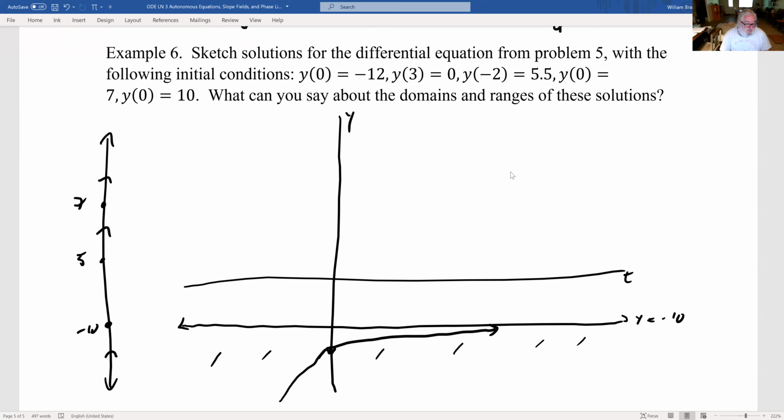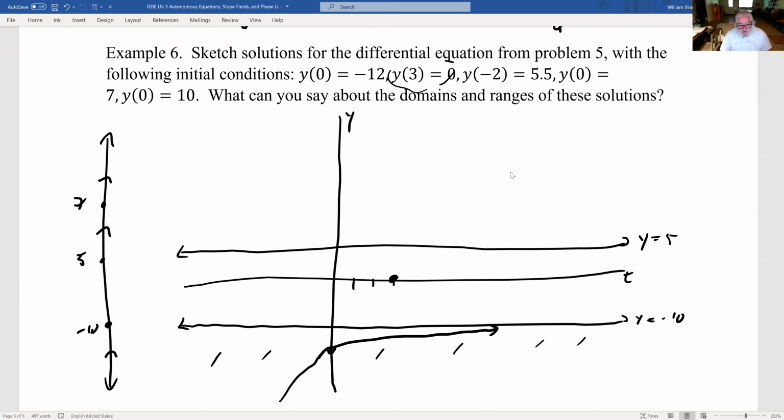What about y of 3 equals 0? We don't really know about that one yet. But we know y equals 5 is an equilibrium. We go 1, 2, 3. y of 3 equals 0 is starting here. And there's one of two possibilities for this.